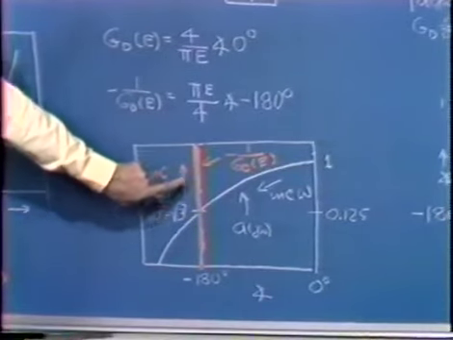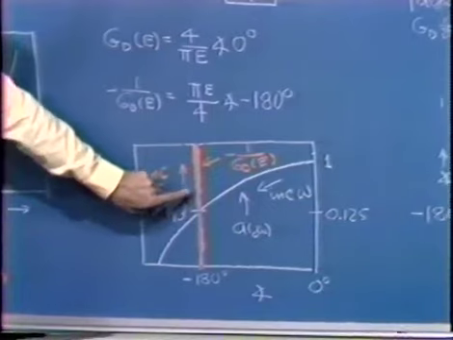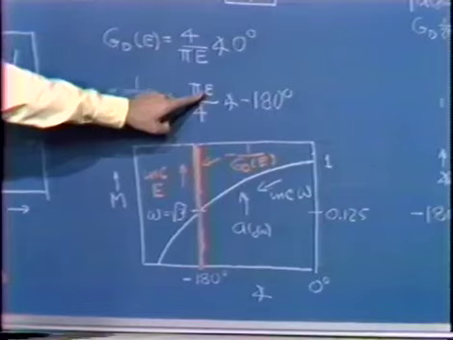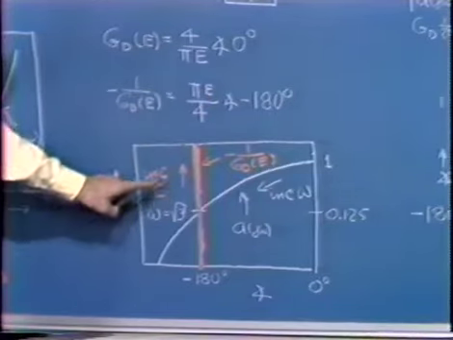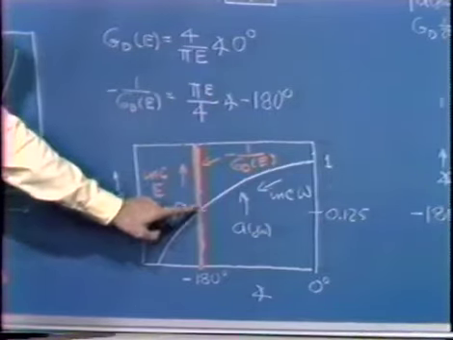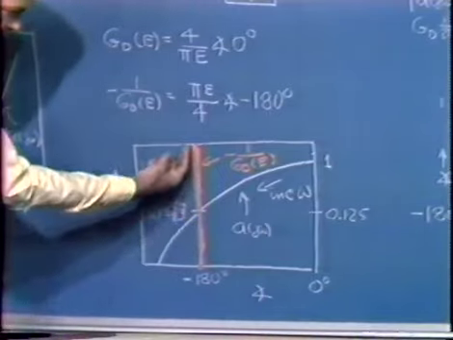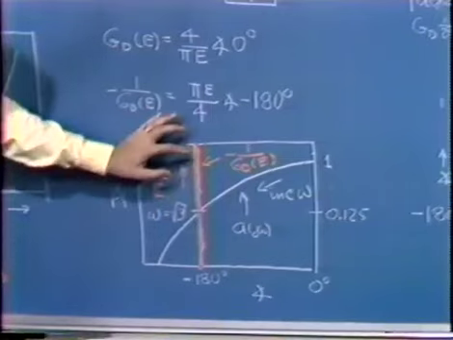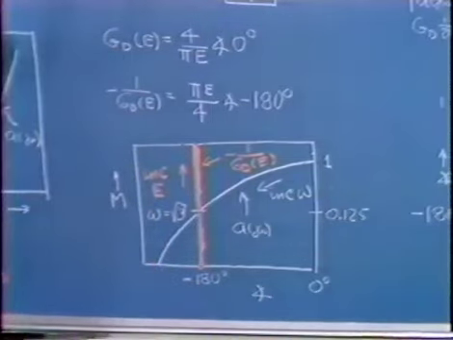And this then is the direction of increasing E on our -1 over GD of E curve. As E gets larger, -1 over GD of E gets larger. Consequently, this is the direction of increasing E, and that curve is simply a straight line along the -180 degree line in our gain phase plane.